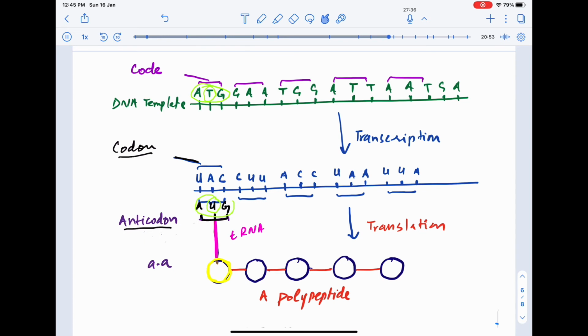Otherwise, an anticodon is the same as the code on DNA, except an anticodon has uracil in it, instead of a thymine in the DNA code.